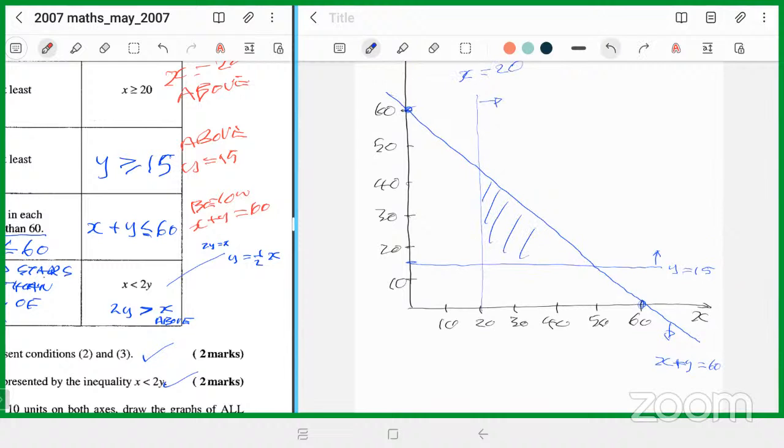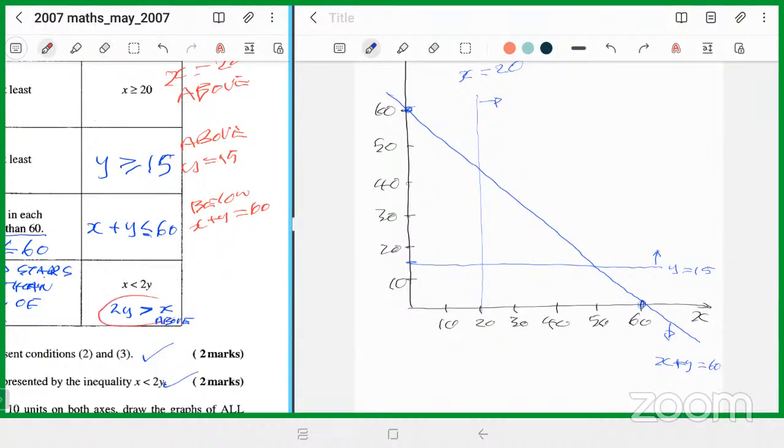We're not finished yet. We have one more line to put on, which is the line 2y equals x, same as x equals 2y. All right, let me move this down here.